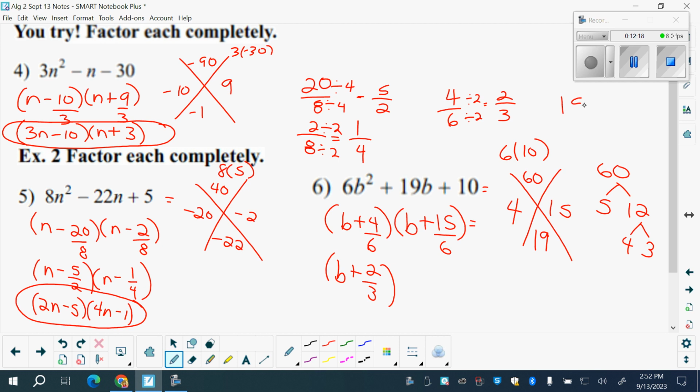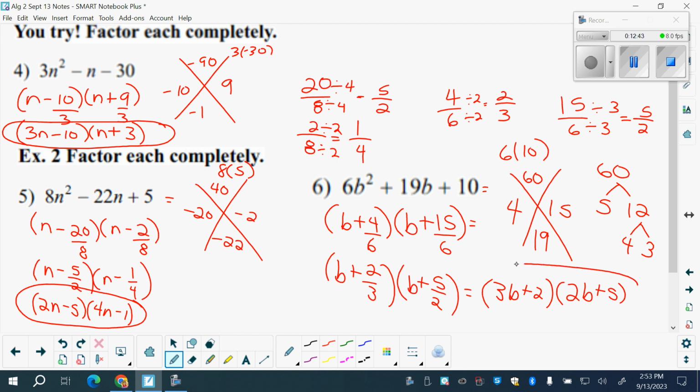And then 15 over 6, five over 2. And then we want to slide both of them. I'm going to write that over here. 3b plus 2 times 2b plus 5. You can always multiply it out to see. Make sure you didn't make a mistake in any of your calculations.